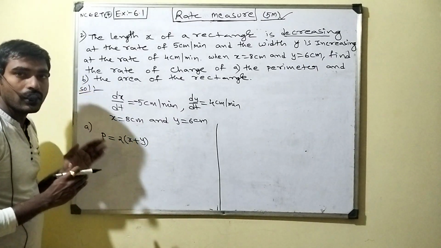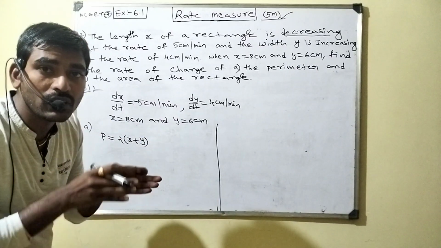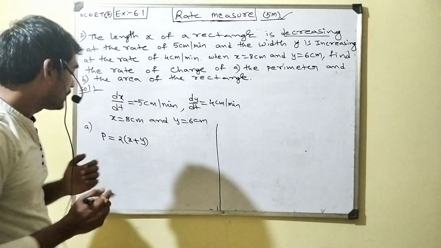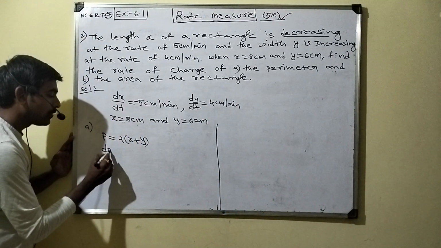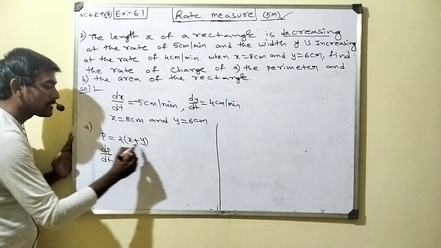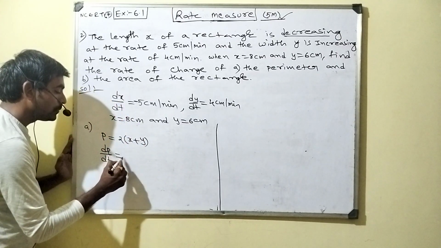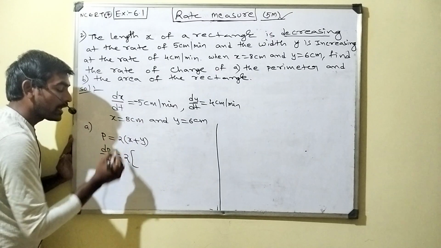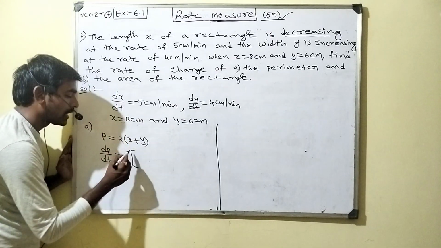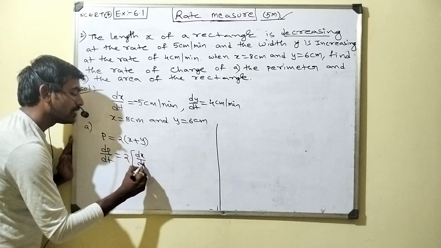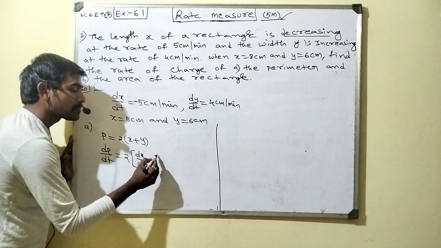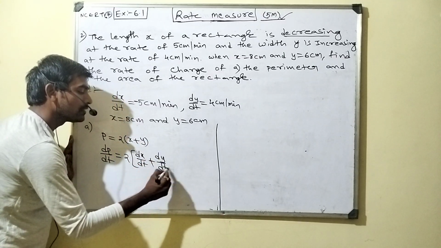Now I would like to do the differentiation with respect to time. Write the sentence: differentiating on both sides with respect to t, dP by dt is 2 of x differentiated with respect to time, so dx by dt, plus y differentiated with respect to t, so dy by dt.